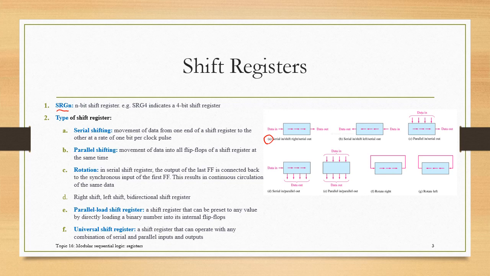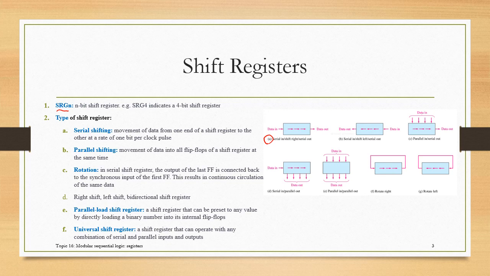We can do it in 2 different directions, from left to right or right to left, so they are called shift right or shift left registers. We can have parallel data in but serial data out, or serial data in, parallel data out, or parallel in, parallel out.